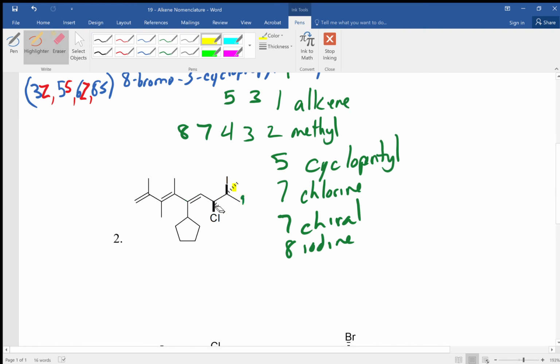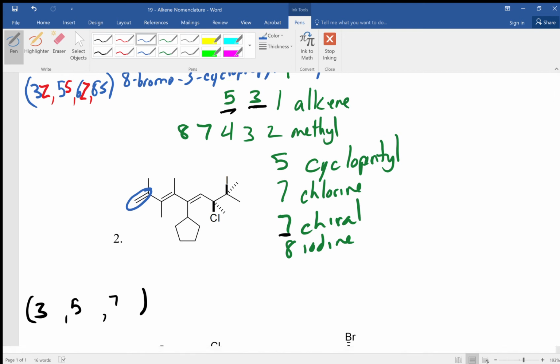Alright, so let's do our stereochemistry first. The stereochemistry we're going to need to determine is E or Z at 3, E or Z at 5, and R or S at 7. So the first alkene, this one, carbon 1, the left side of that alkene has 2 hydrogens.